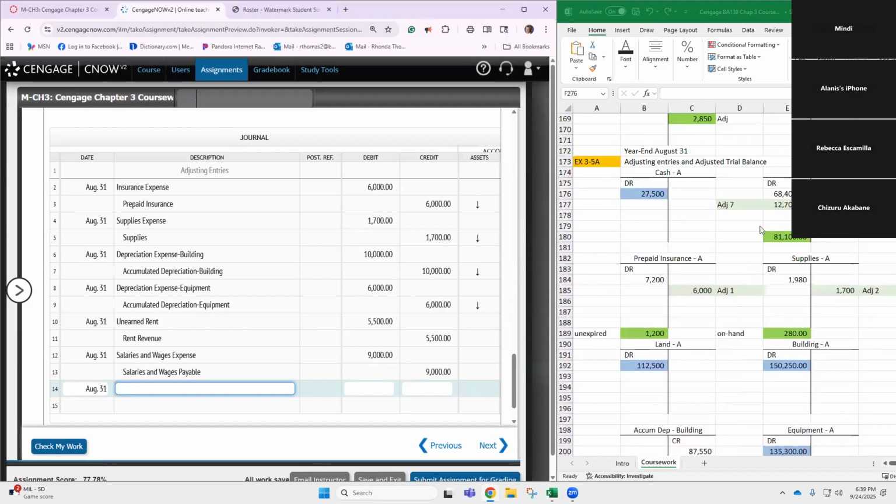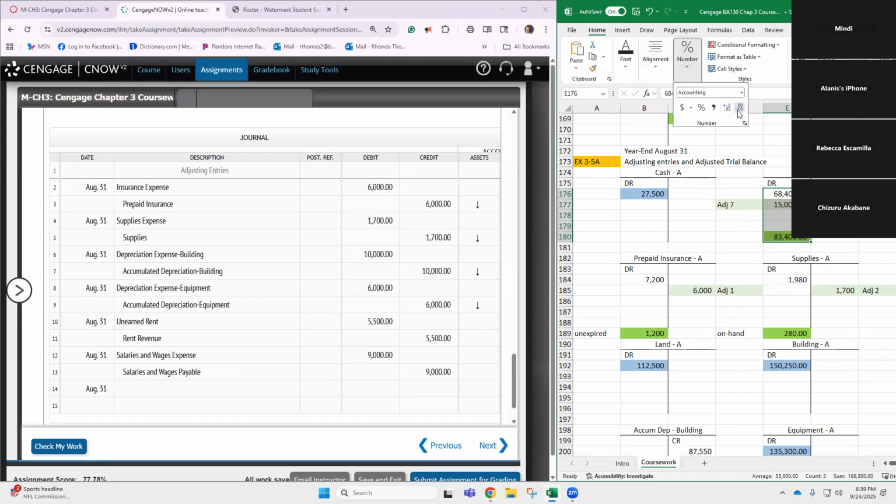So way up here, here's our very last entry. This is adjustment 7, right? So we must have found a job or two that we need to bill our customers for. And when we bill them, we'll recognize the amount that we're billing them in accounts receivable.